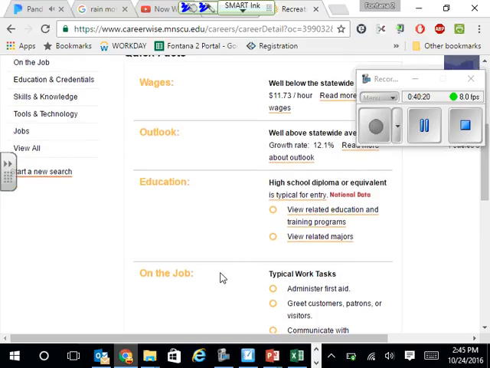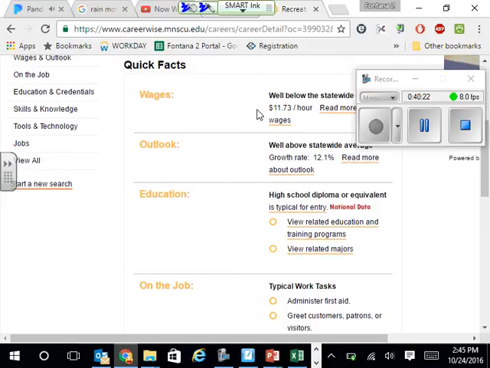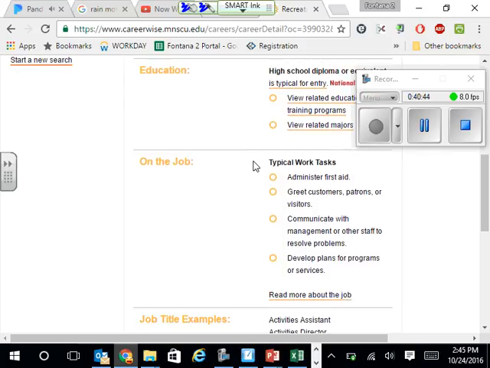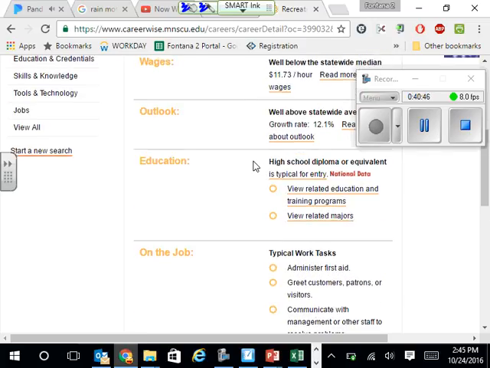I wrote down education, even though it's not a level. Now the only bad part, as you can see if you're looking at this video, is I want 4 numbers. They only have 2. So I think I looked up that job again on the BLS, which has more numbers.